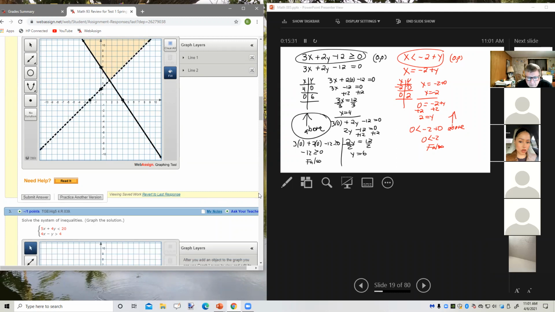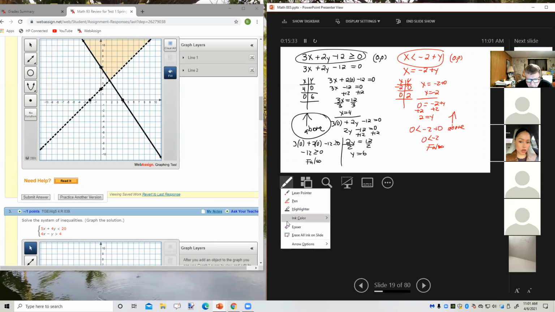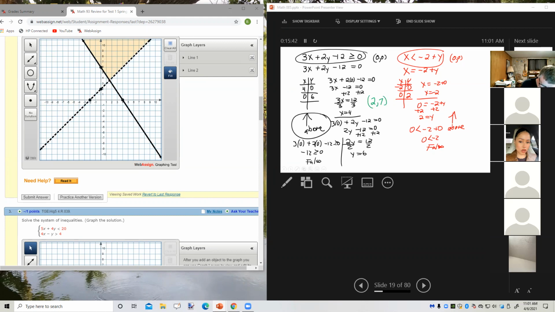Okay, so we'll pick green, and we've got 2, 7. So I'm going to test it here. That would be 3 times 2 plus 2 times 7 minus 12 greater than or equal to 0. 6 plus 14 minus 12 greater than or equal to 0. 20 minus 12 would be 8 greater than or equal to 0.